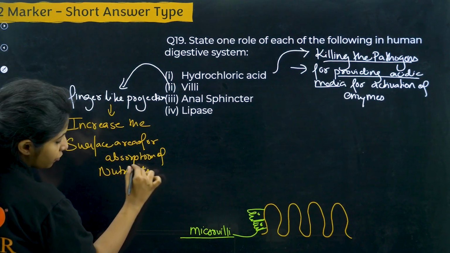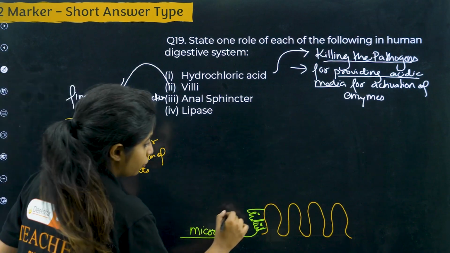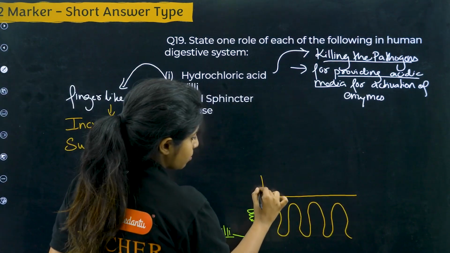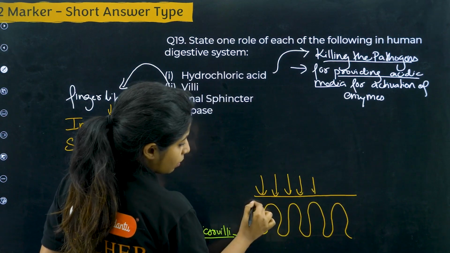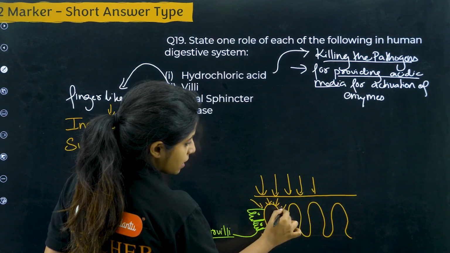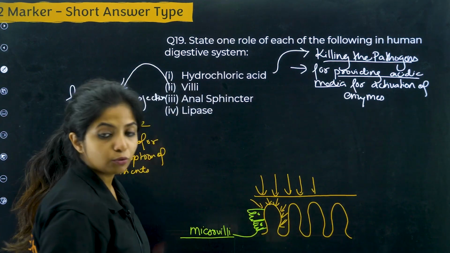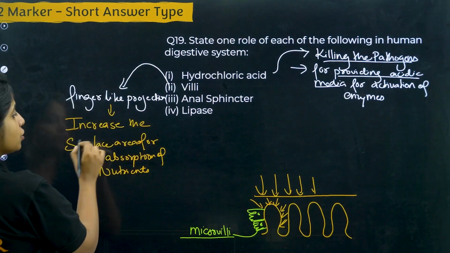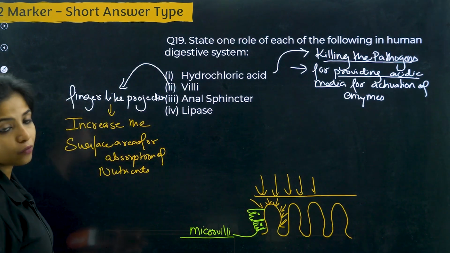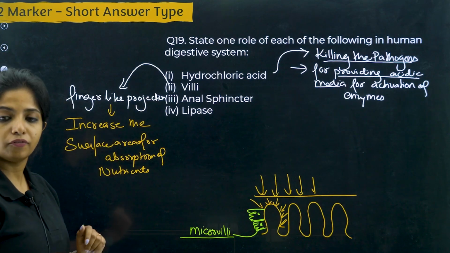How does it increase the surface area, my dear children? Listen, if it were like this, absorption would take place like this. But if it's like this, now absorption will take place in all directions. So it becomes all the more easy. You get it? So finger-like projections are there which increase surface area for absorption of nutrients. That is the role of villi.